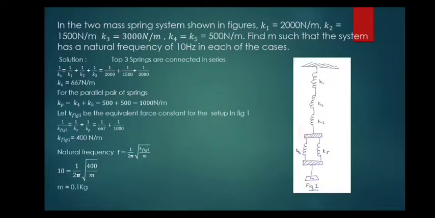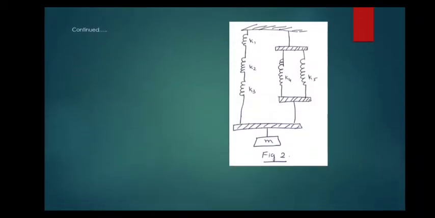Similarly, for the second setup, in this figure you can see K1, K2, K3 are connected in series, and K4 and K5 are connected in parallel, but the first system K1, K2, K3 is connected in parallel with K4 and K5.